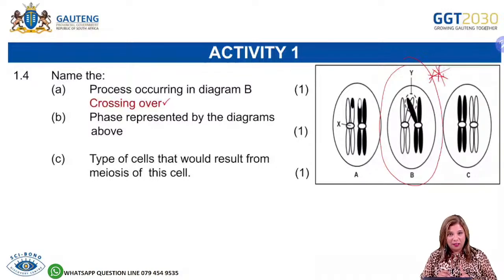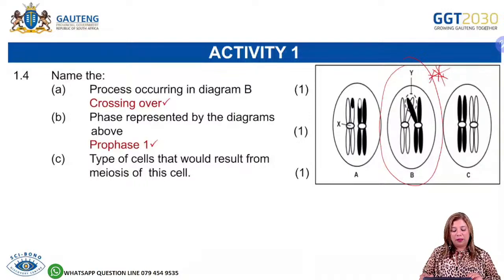Now remember, I said over and over again, crossing over only takes place in prophase 1. Hence, the answer will be prophase 1. Okay? Remember in prophase 2, the chromosomes already had their patchy appearance. Crossing over has already occurred. So we can't call that crossing over.